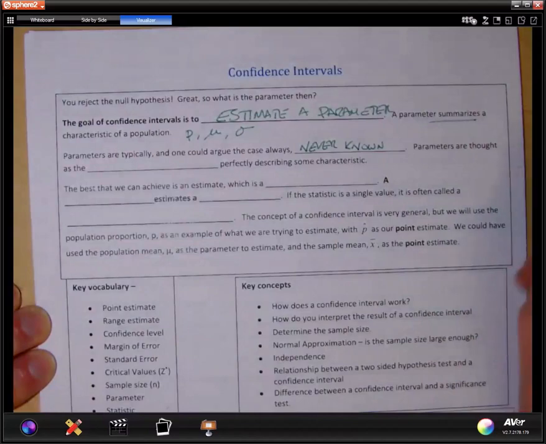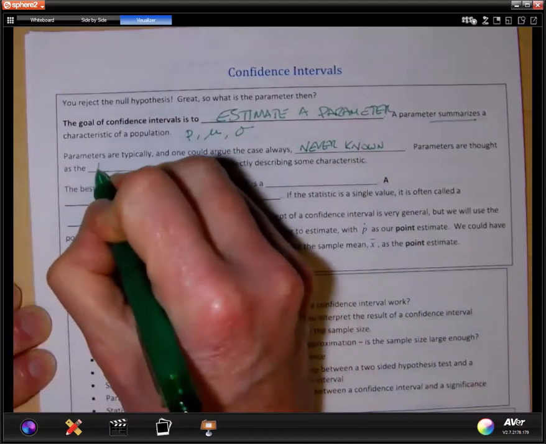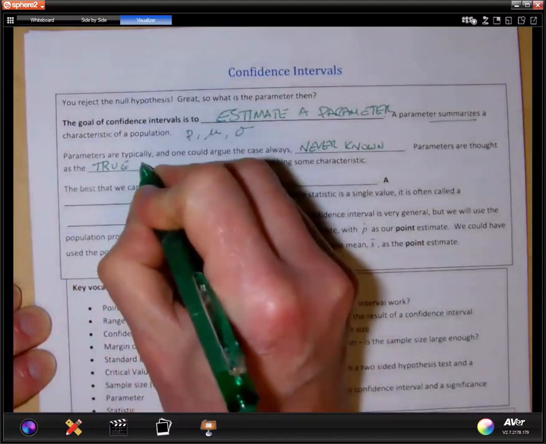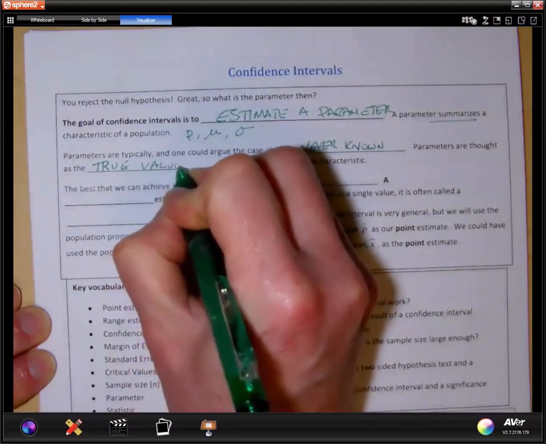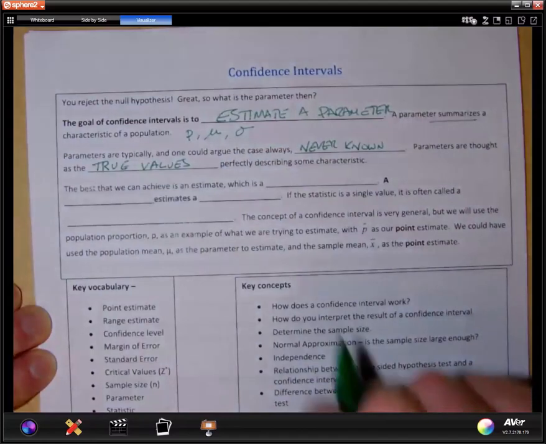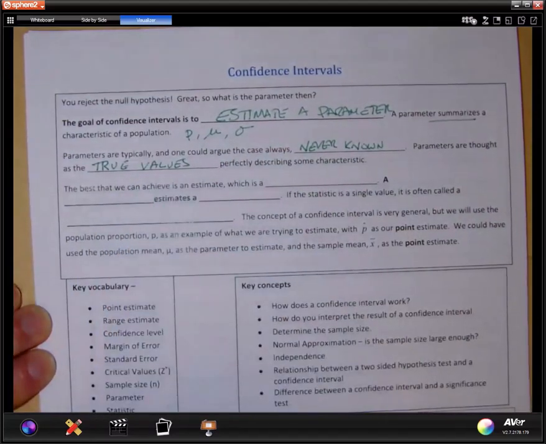Parameters are thought of as the true value, perfectly describing some characteristic. This is just a very loose term, but sometimes you hear this: parameters are like the true values.